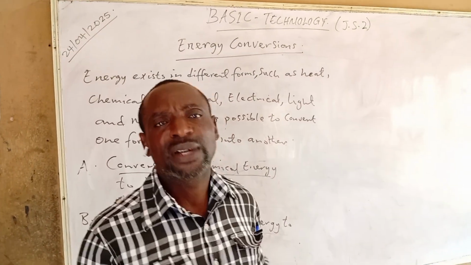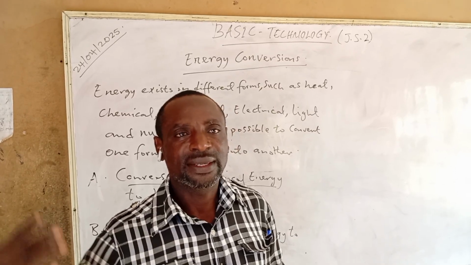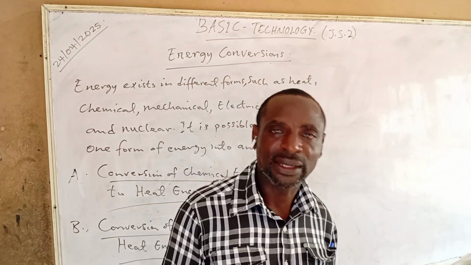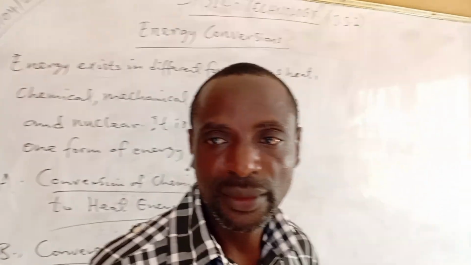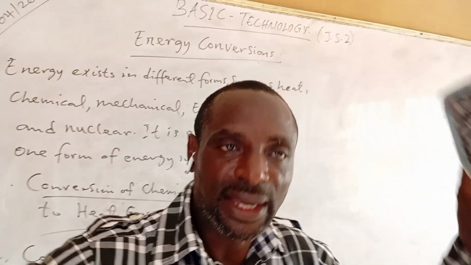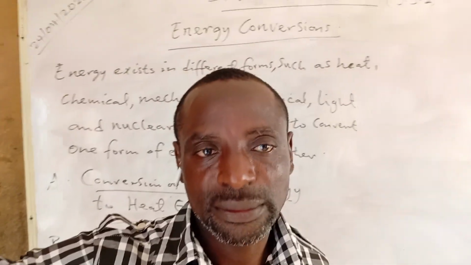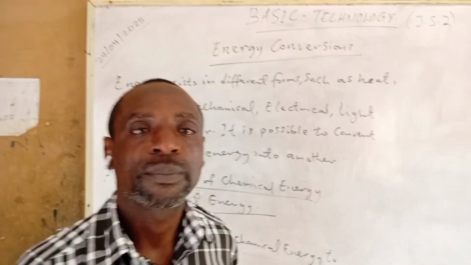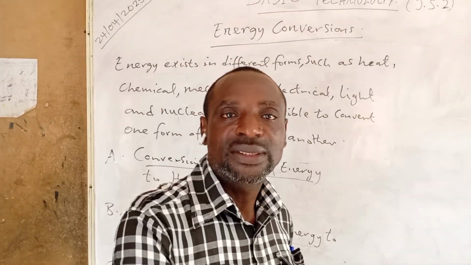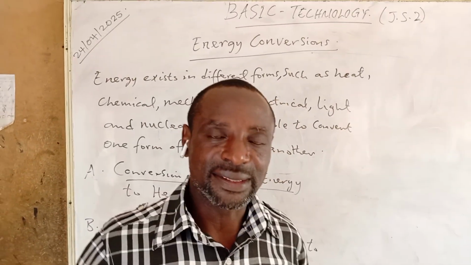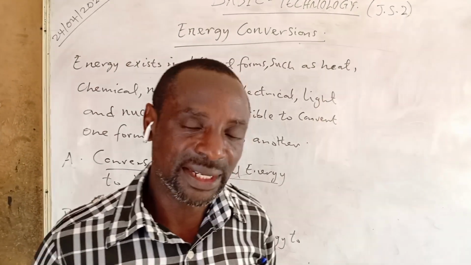All this energy goes vice versa. You can convert from mechanical to heat, even to mechanical. Like the examples we have in generating our electrical energy in our dams. You see, some of these electricity currents are generated as a result of hydroelectric.